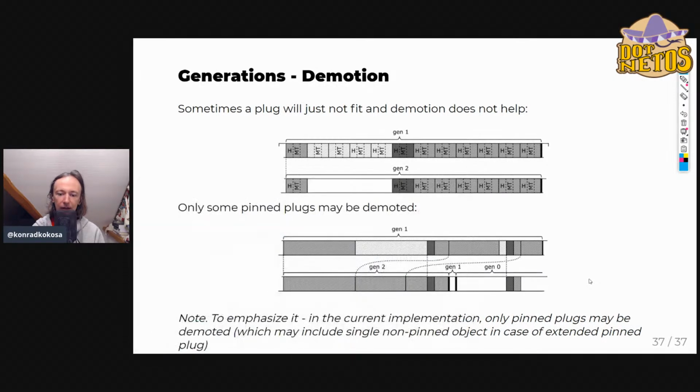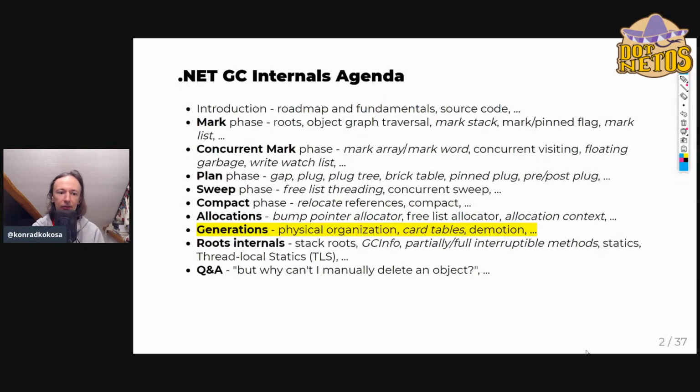I'm super happy that I covered that, because it is super hard, as you see. Next week we will be covering roots internals, also a super interesting topic: what the stack roots are, how they are kept by the GC, and how they are interpreted by the GC in something called GC info.